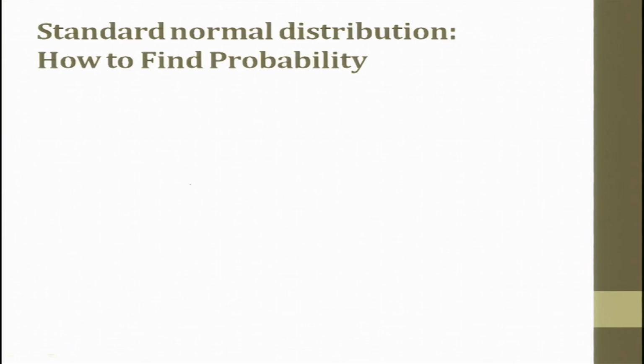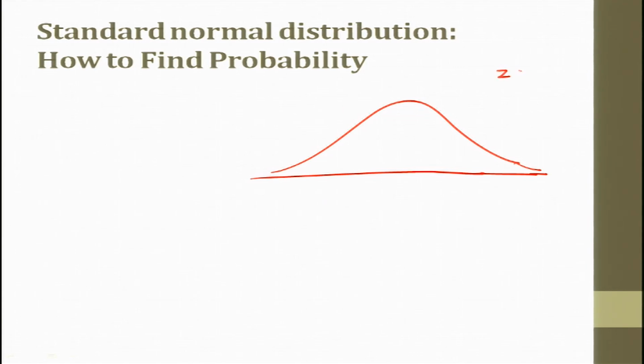For instance, if this is my curve, and I need the area, let me say they ask to calculate z greater than or equal to minus 0.5. Please be mindful here, the value of z is 0.5, it is not sigma.